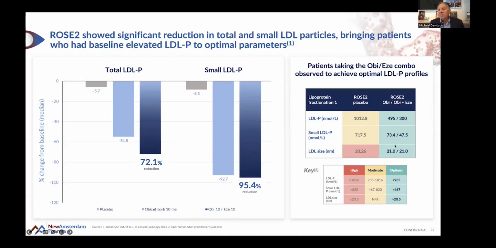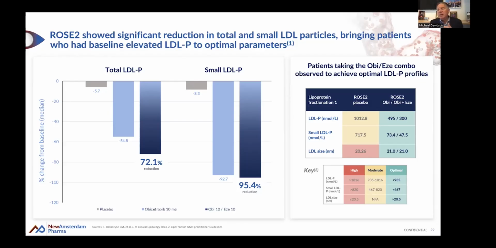Small particles dropped to almost nothing, 73 and 47, and particle size got bigger. So you can see how obicetrapib can really be a great complement to statins. So what statins do, you'll raise Lp(a), raise the risk of diabetes, and have residual small particles left after treatment.